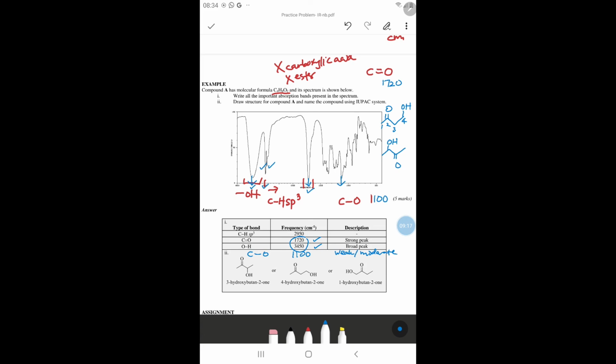This time you have a spectrum, so the frequency must be read exactly from the spectrum, but it must be between the range given in the correlation chart. Then from all the data given, you propose the structure, and for this question they ask for IUPAC nomenclature. Anything that you don't understand, you can ask me.